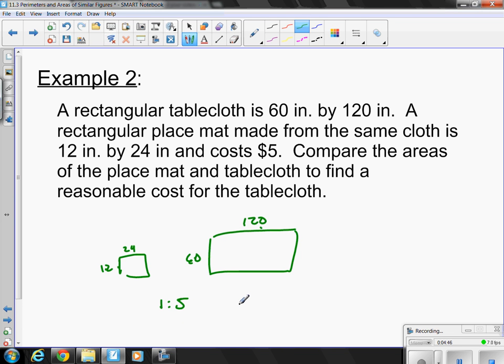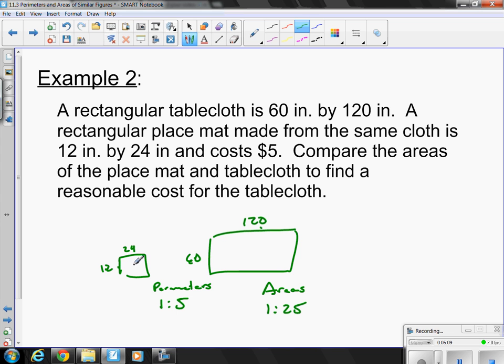That means the ratio of their areas, since the side lengths are 1 to 5, is going to be 1 squared to 5 squared, or 1 to 25. So the tablecloth has 25 times more area than the placemat.